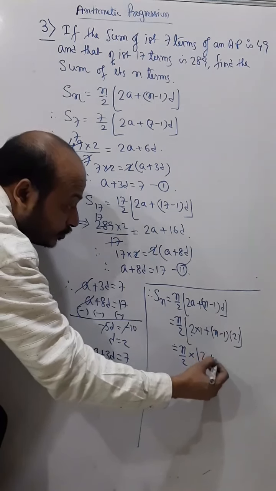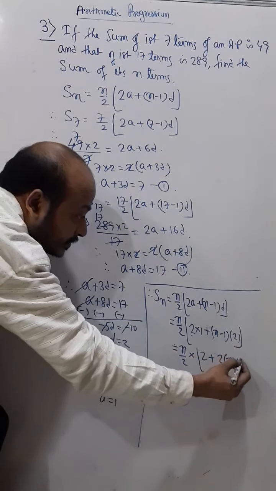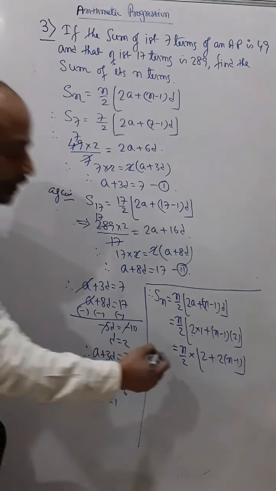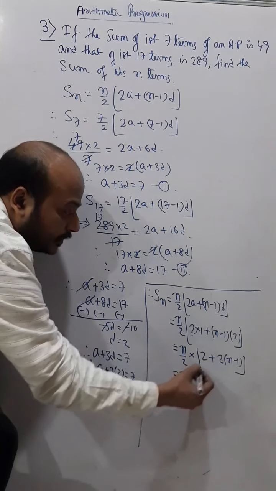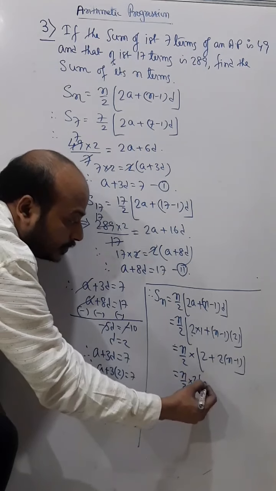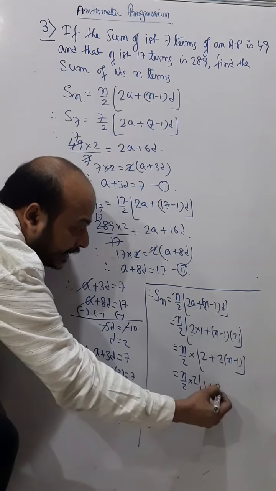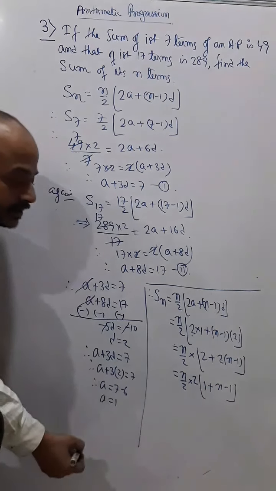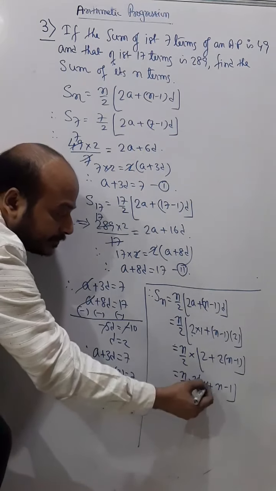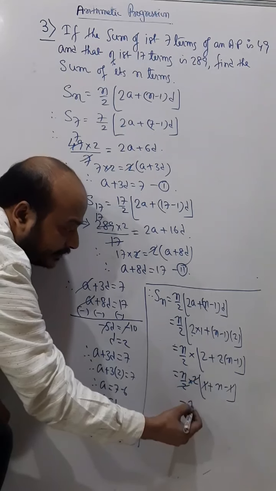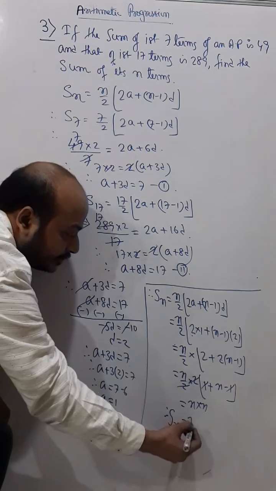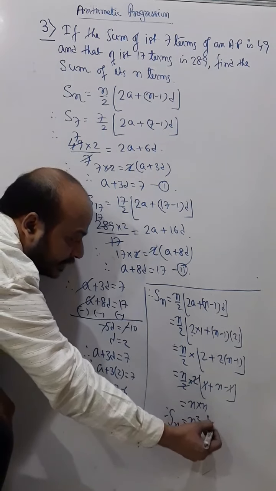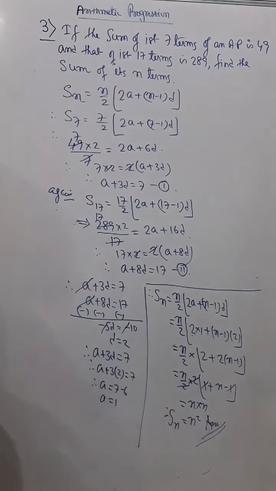So finally you are getting 2 plus 2 into n minus 1. So n by 2, we can take 2 common. So we got 1 plus n minus 1. That 2 and 2 get cancelled, this plus 1 and minus 1 get cancelled. Finally we are getting n into n, so Sn is equal to n square. So the sum of nth terms we are getting as n square. Okay, understand?